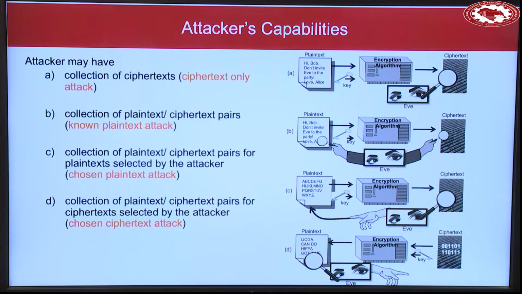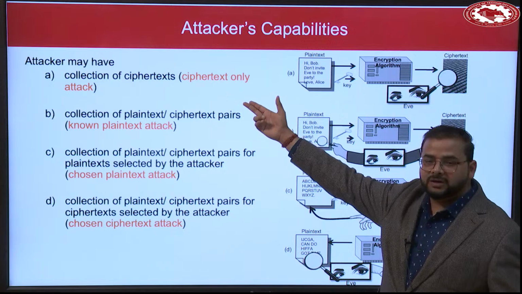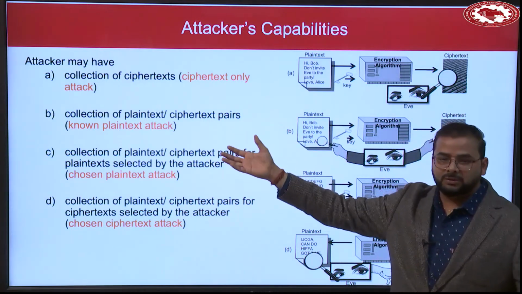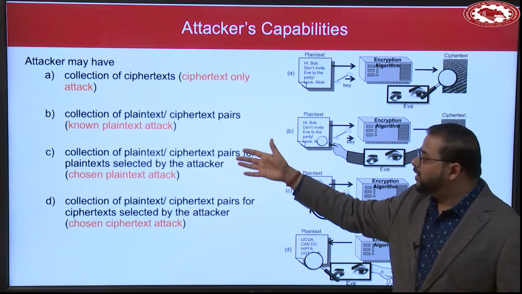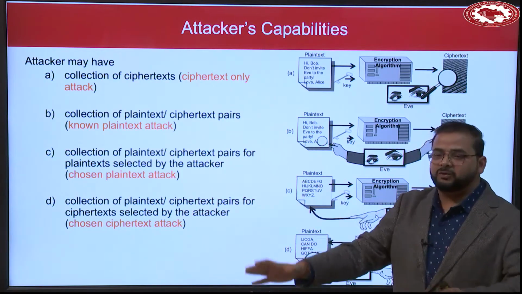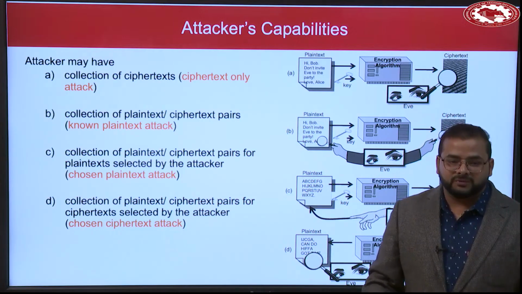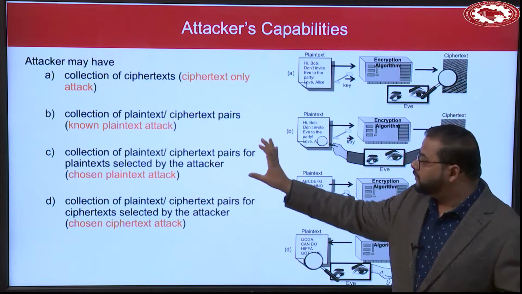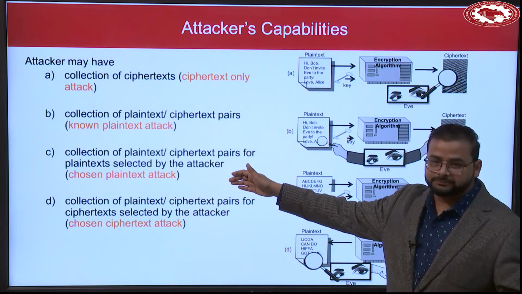So you are increasing the capability and information and knowledge of the attacker. We are saying attacker might have ciphertext that we have sent over the network. Attacker might have pre-computed table of plain text equivalent ciphertext. I've also given a black box. Attacker doesn't know which algorithm it has, but if you give it a plain text, it will give you some ciphertext. Okay? With that one, can attacker crack it?